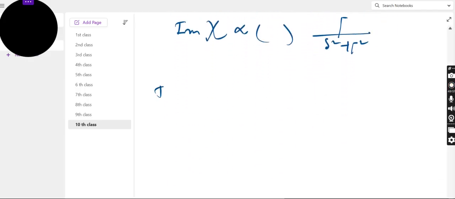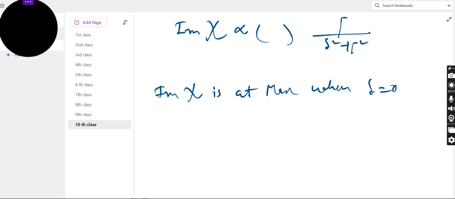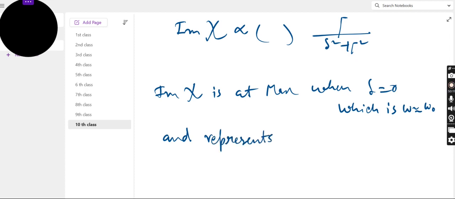So the imaginary chi is at maximum when delta is equal to 0, which was omega almost equal to omega naught, and represents absorption behavior.